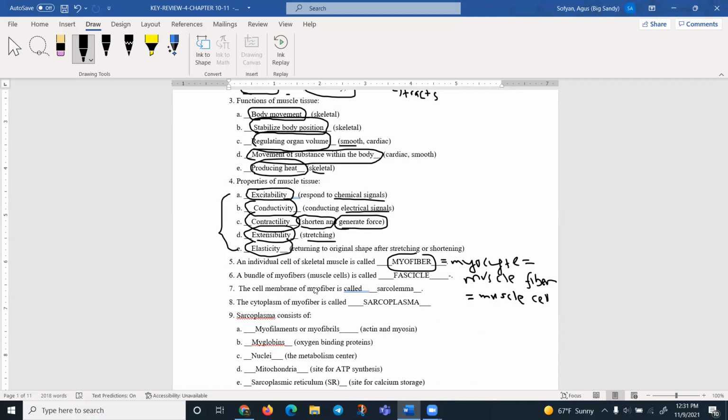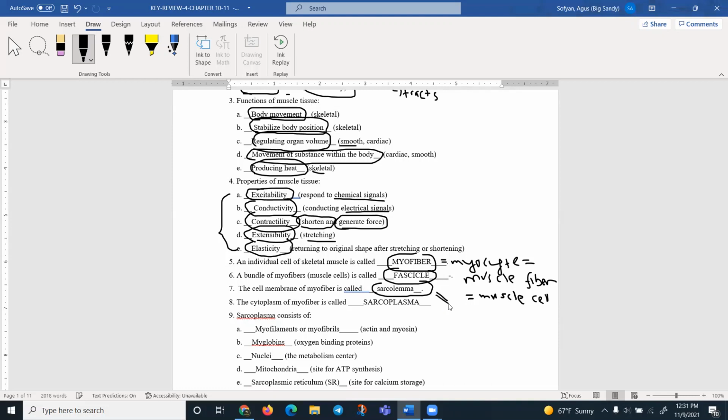And the bundle of muscle cells or muscle fibers is called the fascicle. So a fascicle is a bundle of many muscle cells. The cell membrane of the muscle cell is called the sarcolemma. So it has a special name. It's called sarcolemma.